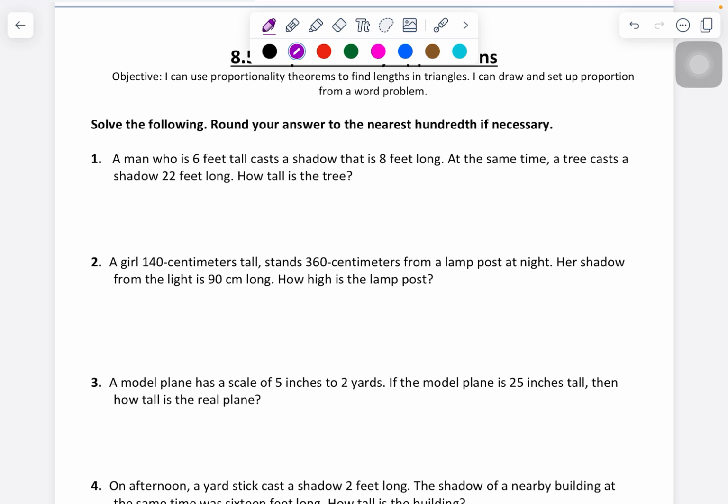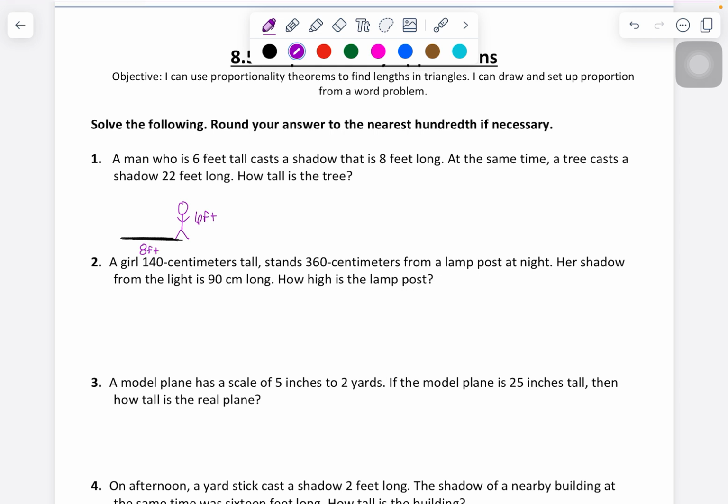Okay, so to do these problems, I always just kind of make myself a little picture. So I got a little dude, a stick figure. He is 6 feet tall. He is casting a shadow. Now, remember, when you make shadows, you make them on the ground. So he's got this shadow here on the ground that is 8 feet long.